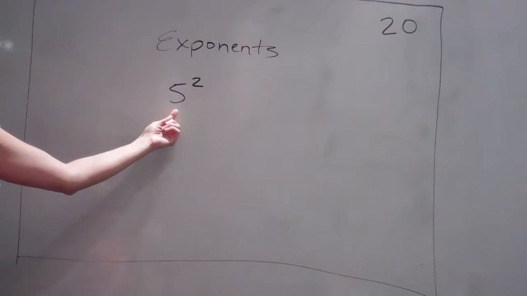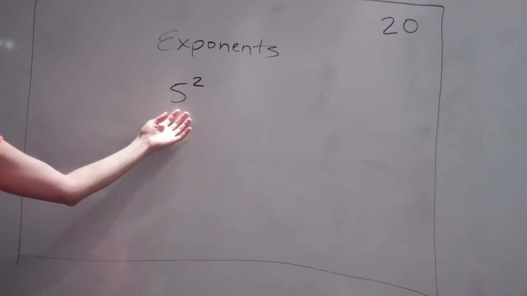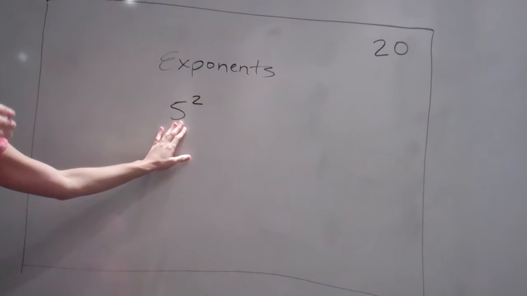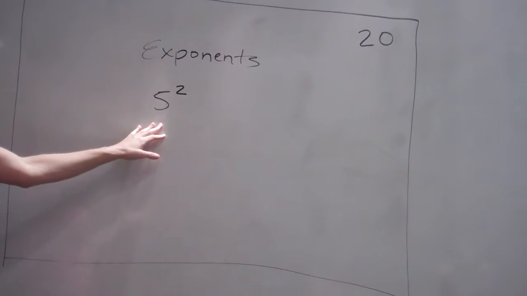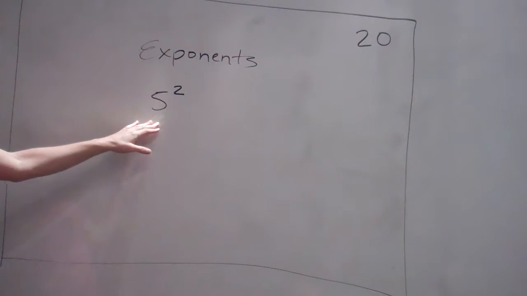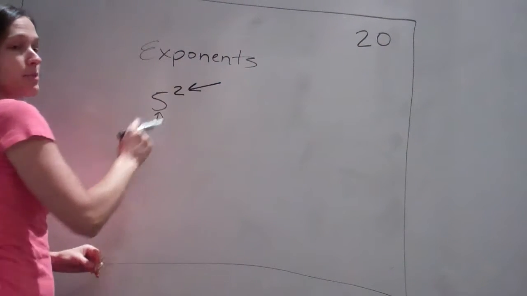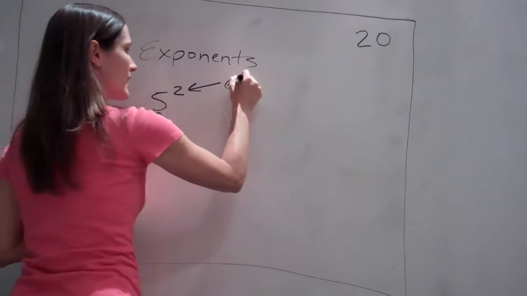Does anybody remember what this one's called? 5 squared. Yes, but does anybody know what this number is called? What is its definition or name? Exponential expression. We're going to learn about that in a minute. This is the base, and this is the exponent.